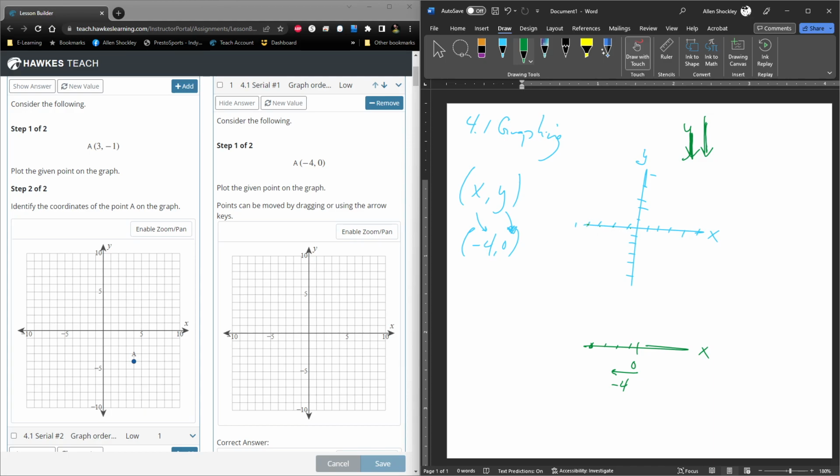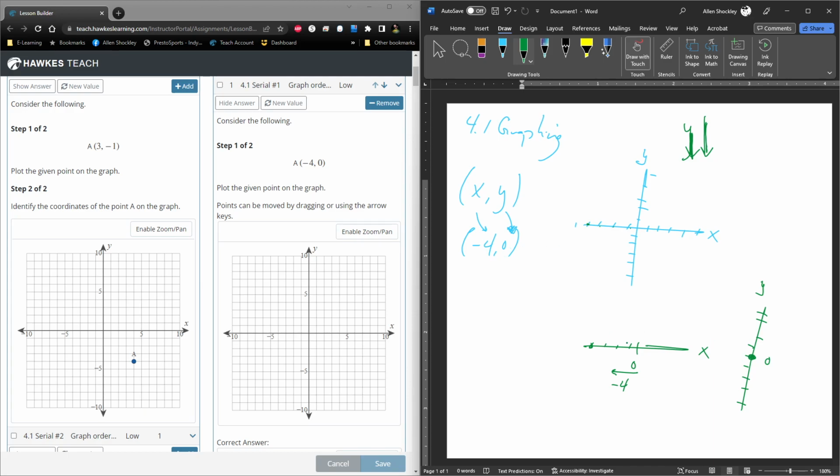That's the beginning of my coordinate. The next part of the coordinate is to look at this back number. Because it is 0, I don't need to go up or down on my y. If I have a y coordinate of 0, I'm just going to stay right here.